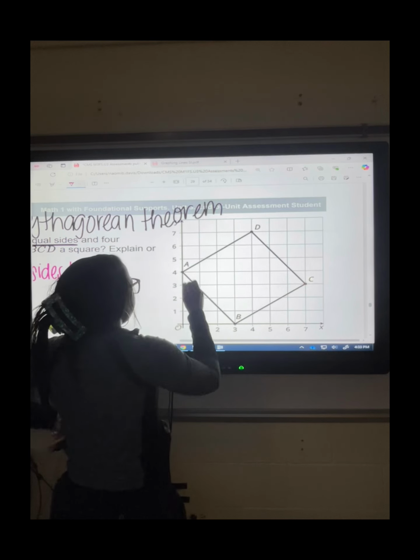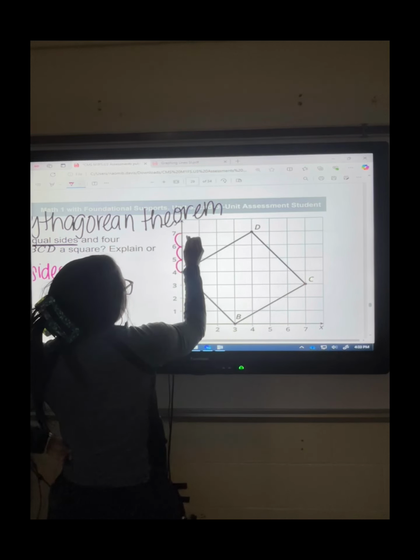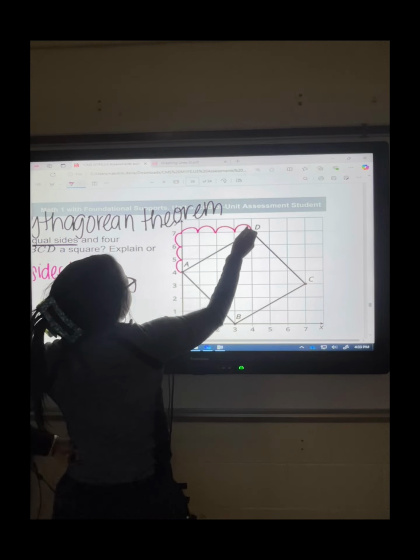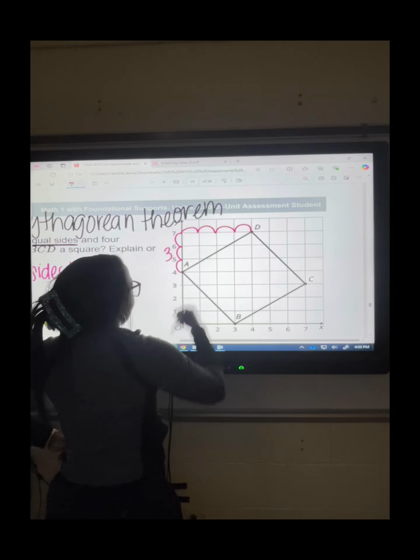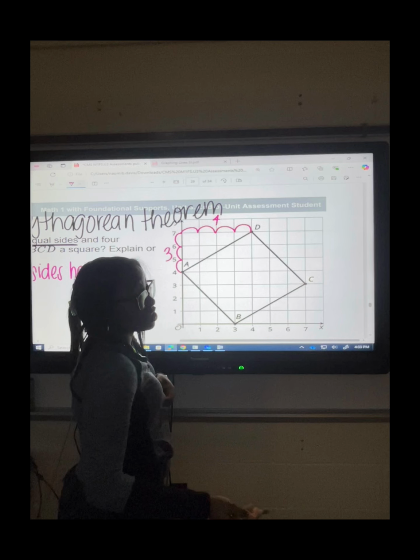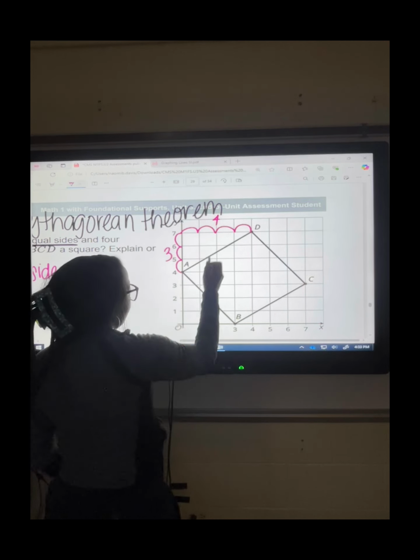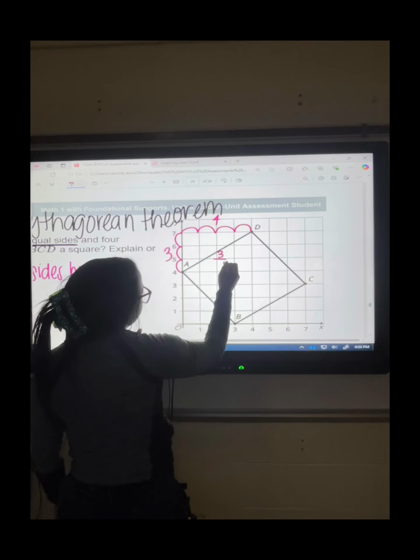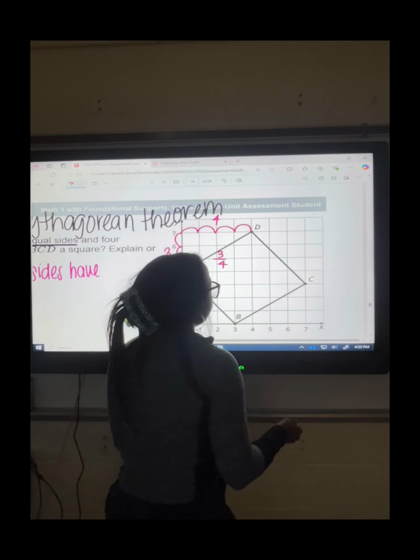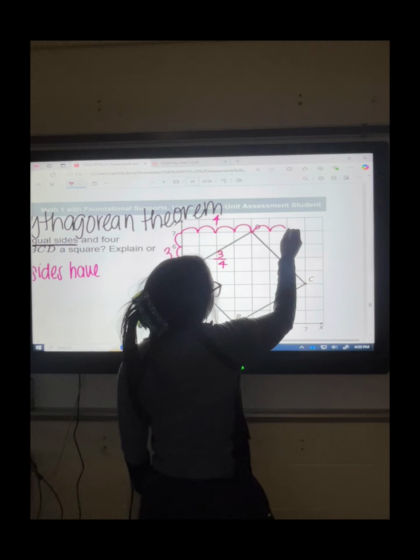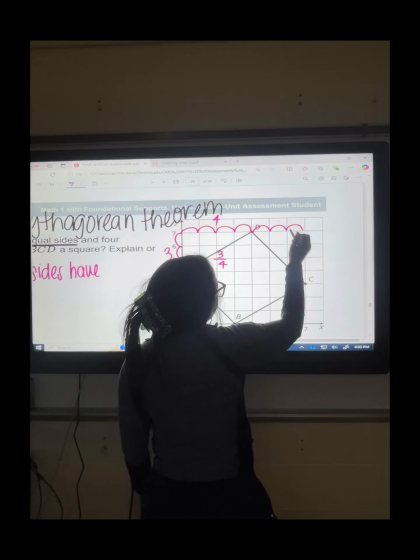you tired, okay? So 1, 2, 3, 1, 2, 3, 4. I rose 3, I ran 4. And it's easier to do rise over run because you already did this. So my slope of AD is 3/4. Let's find the slope of BC. I'm running 3.